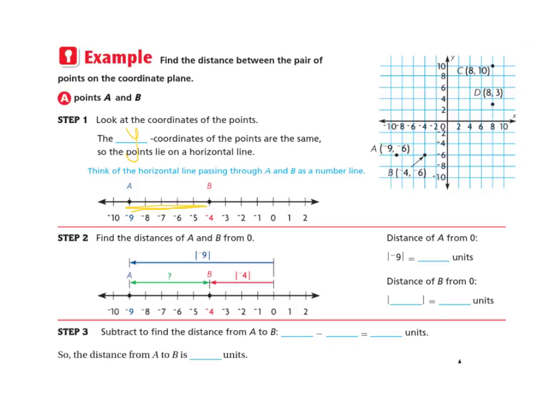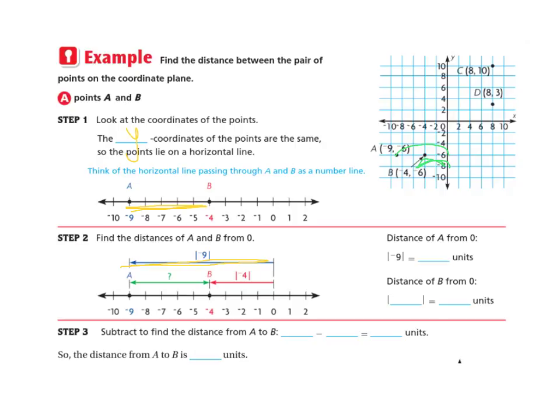Now, if I think -9, find the distance from the points from 0. So that means on my coordinate plane, 9 is the absolute value of 9, 9 points from 0. And then 4 is 4 points from 0. So what is that gap?